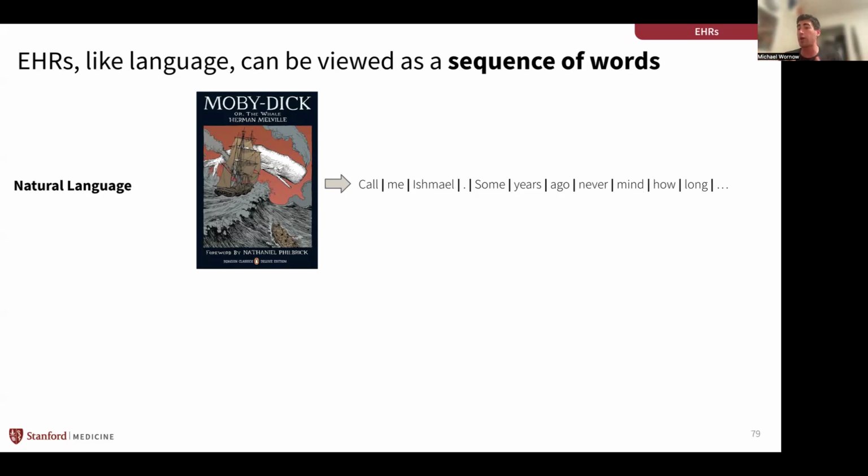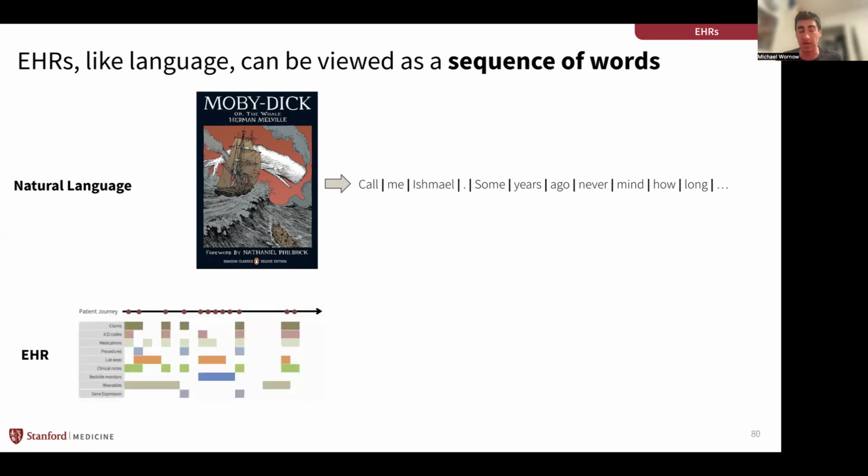There's sentences, paragraphs, pages, chapters, books. So there's some sort of organization of these words, but at its core, all that language is a sequence of words from left to right. And so if we go back to the patient timeline view that I shared in the previous slide from my advisor, we can think about structured data, the EHR, in a very similar way.